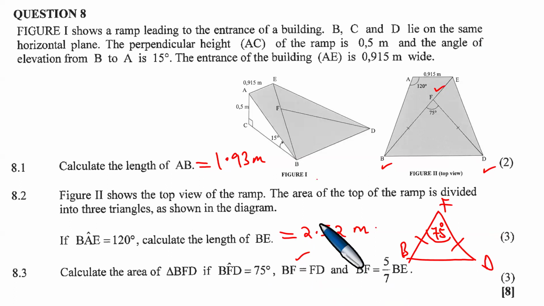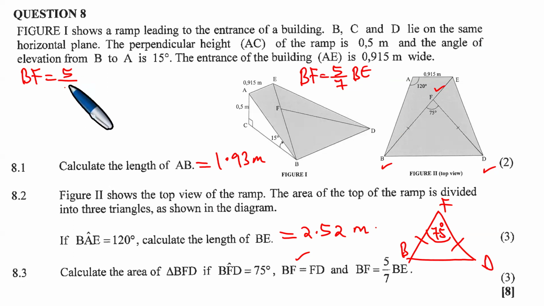What is BF? The examiner told us that BF is equal to 5 out of 7 BE. So if BF is 5 out of 7 of BE, what is BE?